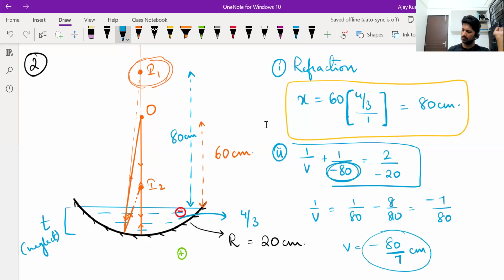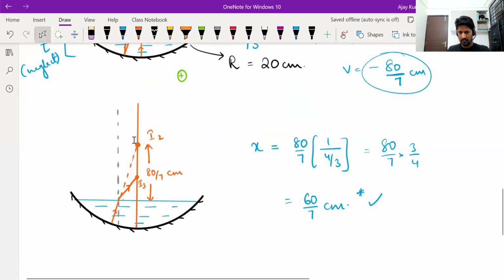We use the mirror formula and we got the image distance as minus 80 by 7 on the same side as the object. Is that part clear? Yes. 80 by 7 on the same side as the object is this distance. So light which is traveling from the mirror upwards is traveling as if it would meet the other ray at 80 by 7 centimeters here.